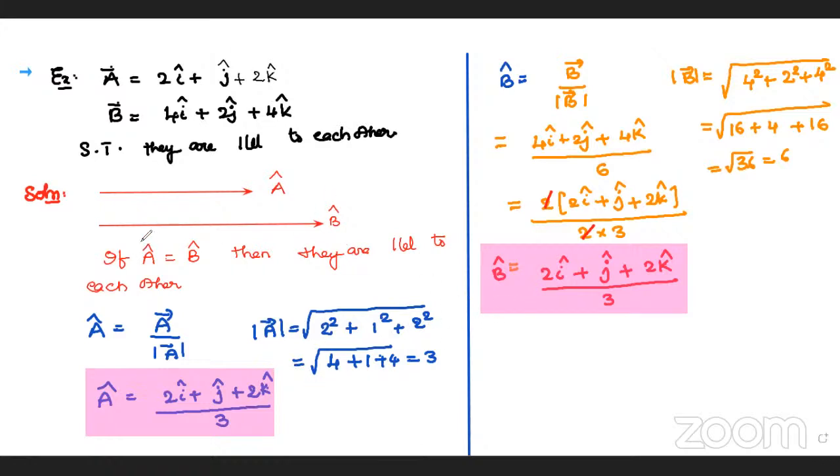If they are equal, I already said here, if they are equal, then they are parallel to each other. Okay, they are parallel to each other. Therefore, I can say a bar and b bar are parallel to each other.